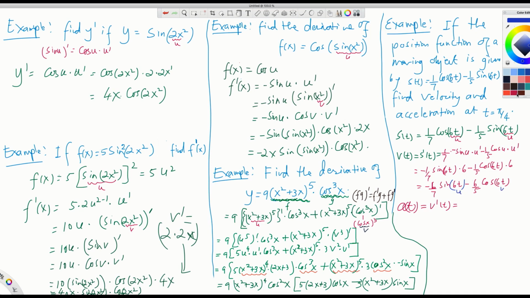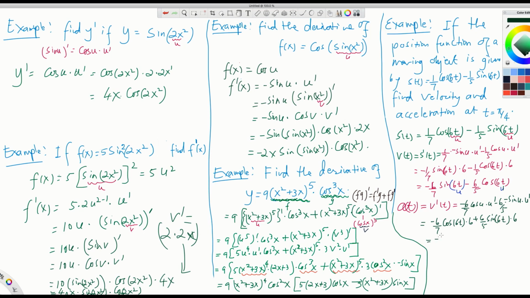You get negative 6/7 times the derivative of sine u, which is cosine of u times u prime, minus 6/5 times the derivative of cosine u, which is negative sine u times u prime again. So you get negative 6/7 cosine 6t times 6, and then plus 6/5, because there is one minus here and another minus, so the product is positive, sine 6t times u prime, which is again 6.